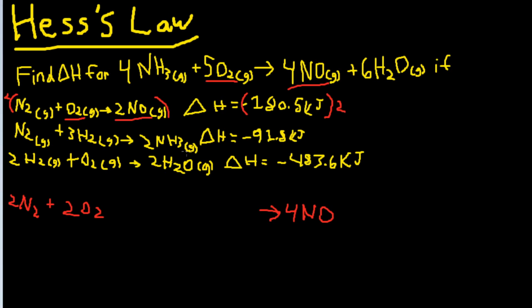Now let's do the same thing for the second problem that they give us. Now this one is a bit trickier because we're going to need to reverse it, since we need the ammonia gas to be on the reactant side. And this also means changing the symbol here to positive. And then we're going to need to multiply this one by 2 as well, because we need to get a value for the ammonia gas that is equal to as it is in the problem shown.